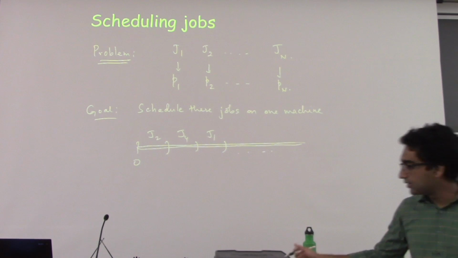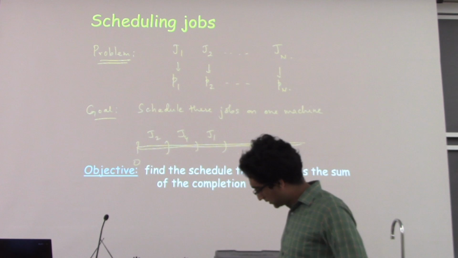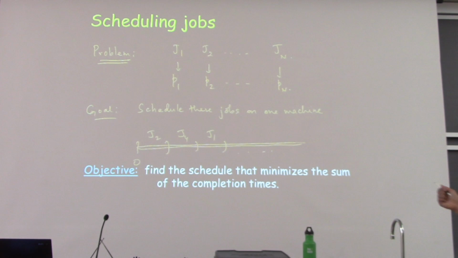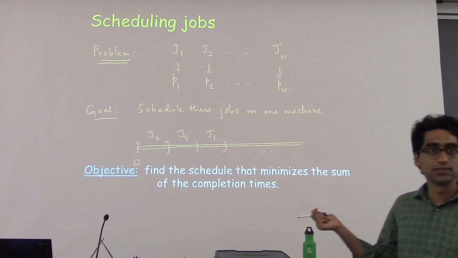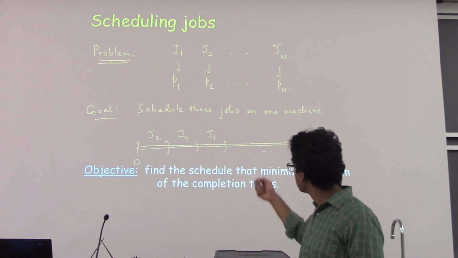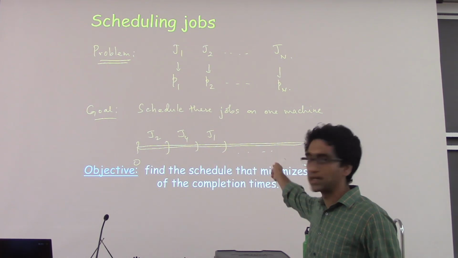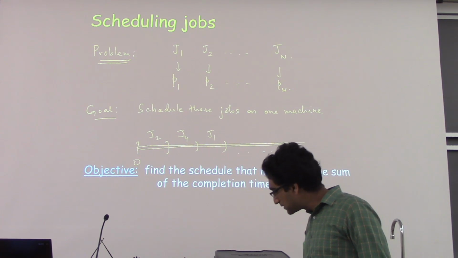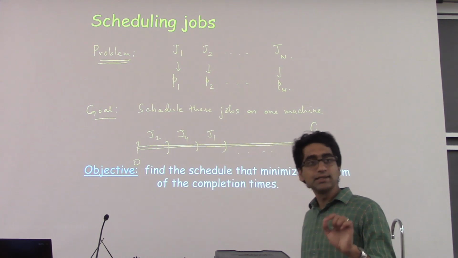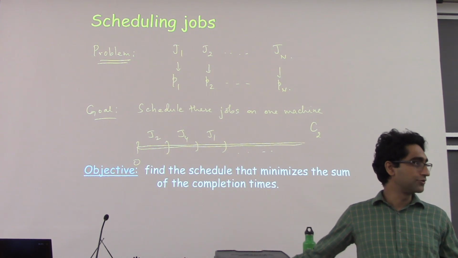And the objective is to find a schedule that minimizes the sum of the completion times. Okay. So what does completion time mean? Let's say this is the schedule. The completion time, which I'll call C2. So Cj denotes the completion time of job j.